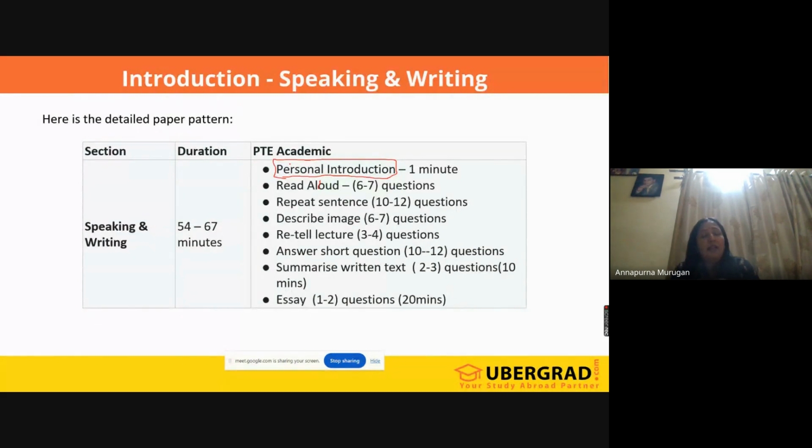Then, before your exam starts, please check your headphones, the speakers, everything. Once the exam starts and you find that your mic is not working, you can't change that. Why? Because you will see that the time will be running, and the exam continues.